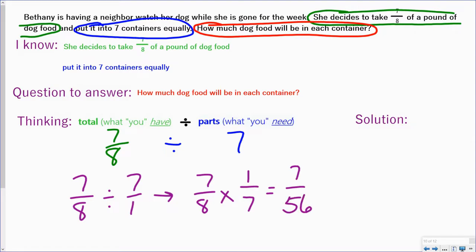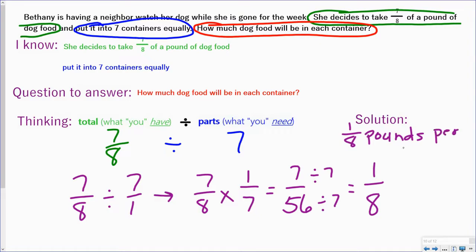And we can reduce this down by dividing both of them by 7, and that gets us a reduced answer of 1/8. And so our solution, or our answer, would be 1/8 pounds, or 1/8 of a pound per container.